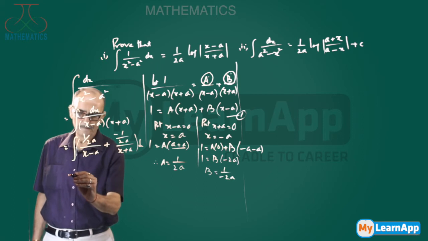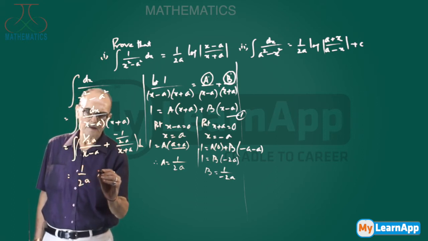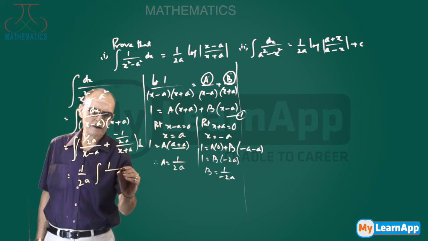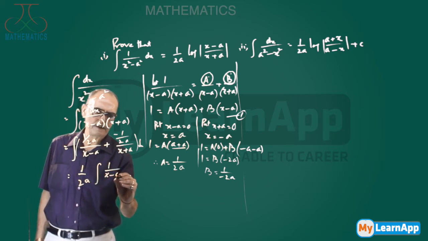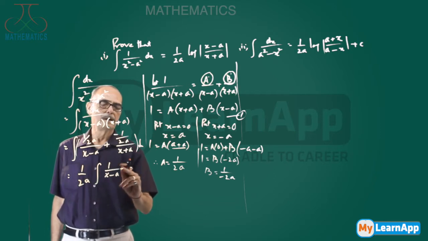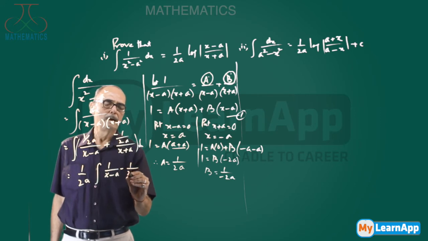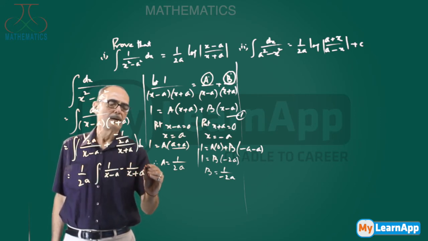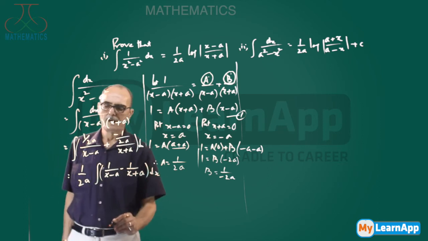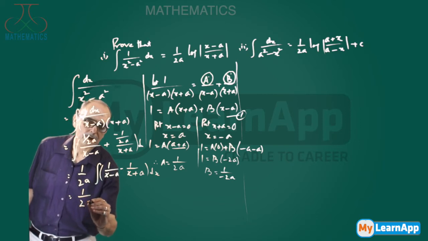We can take 1 by 2a common: integral of 1 upon (x minus a) minus 1 upon (x plus a) d of x, which equals 1 by 2a.